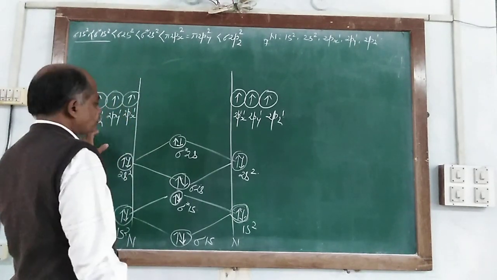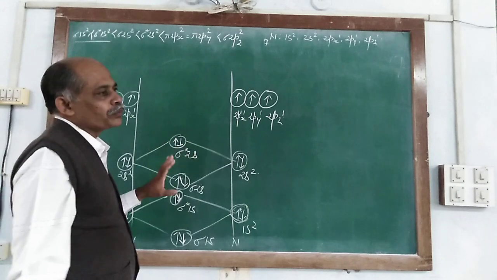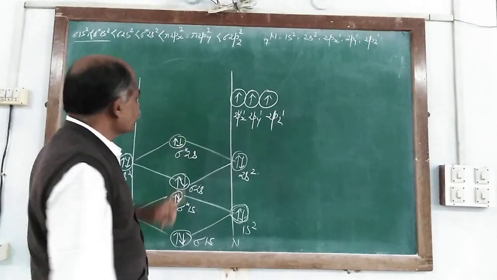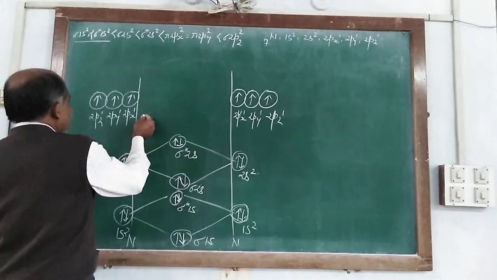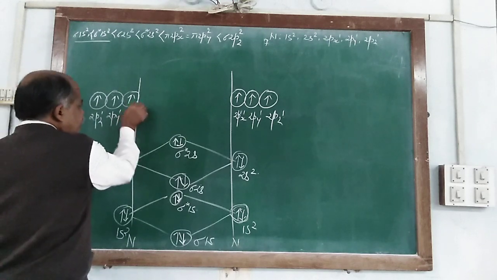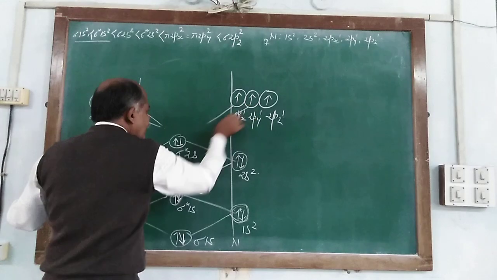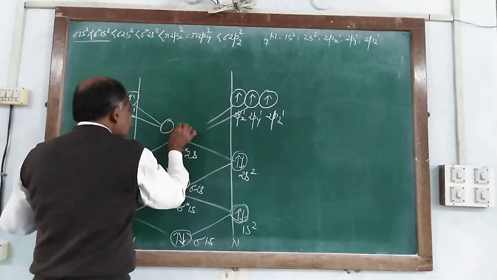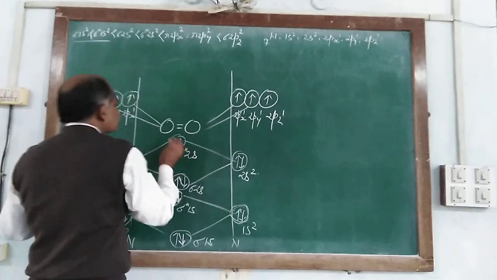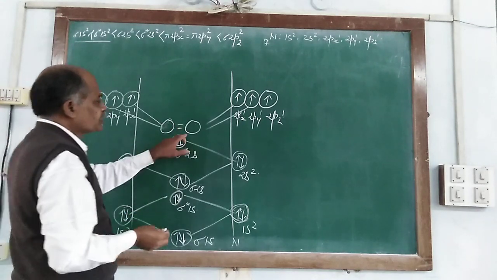Now it forms the molecular orbitals. The 2px and 2px, and 2py and 2py have similar energy, so it is indicated in this way.